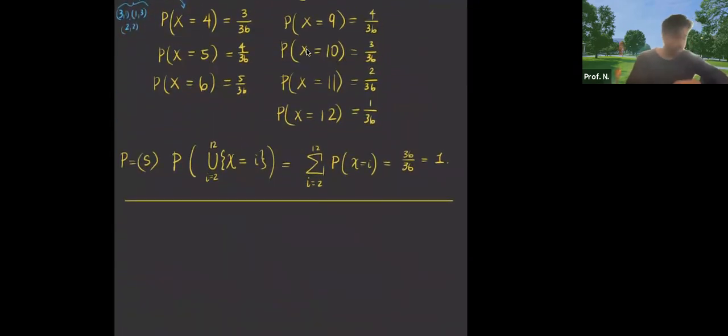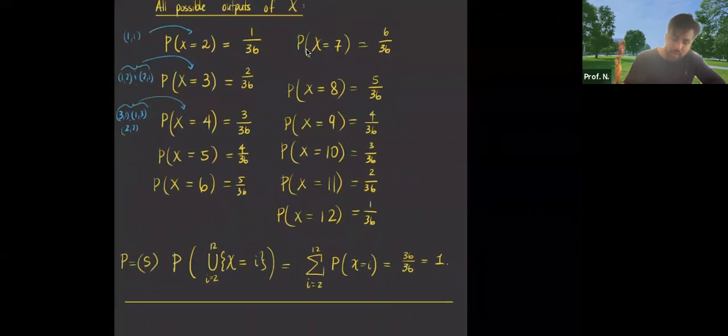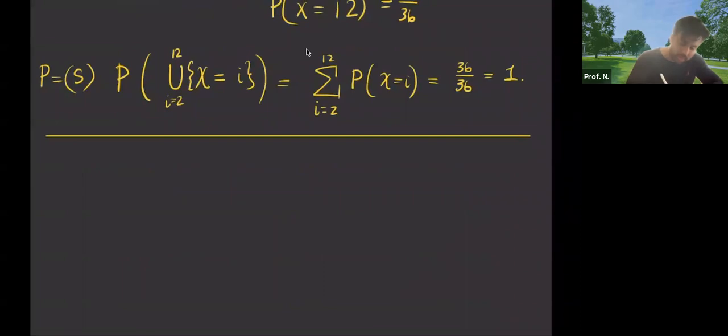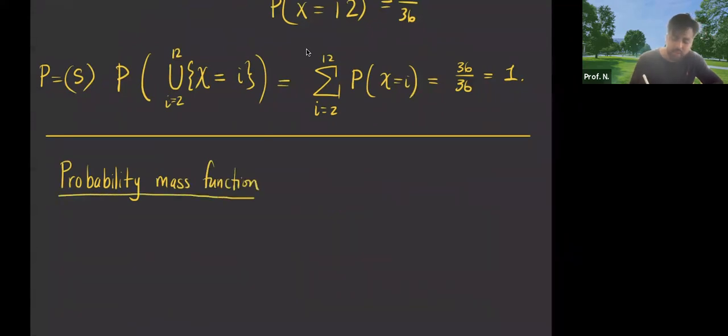So what we found here with all these probabilities is called a probability mass function. All of this just sounds more theoretical. The probability mass function is simply what we just found.